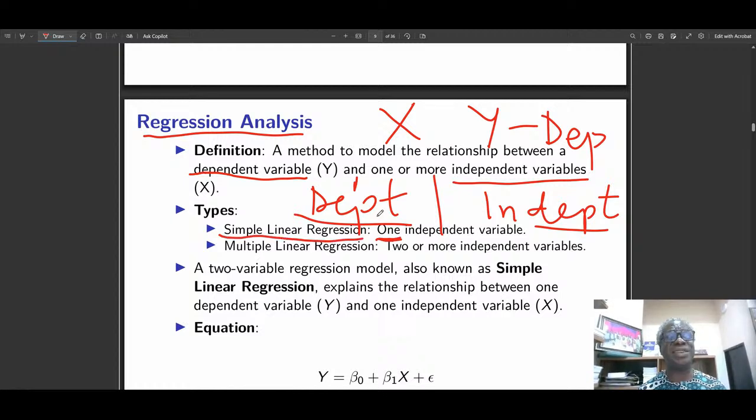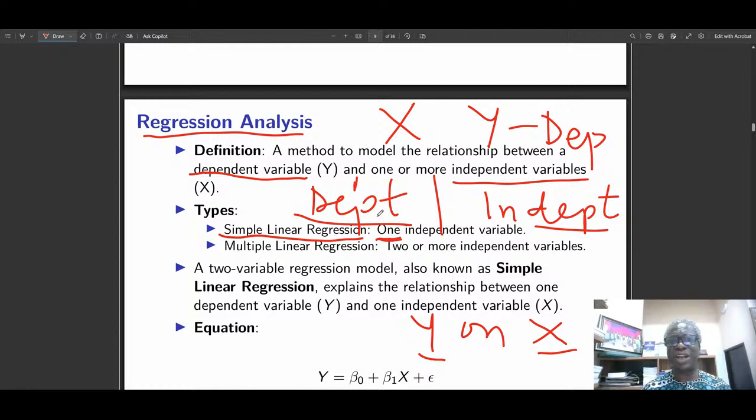In that case, you have the dependent variable y, and you say you are regressing it on the independent variable x. So in simple regression, you have one dependent y and one independent x.